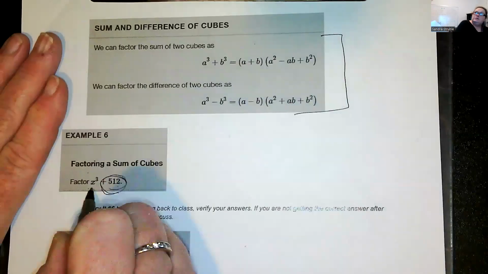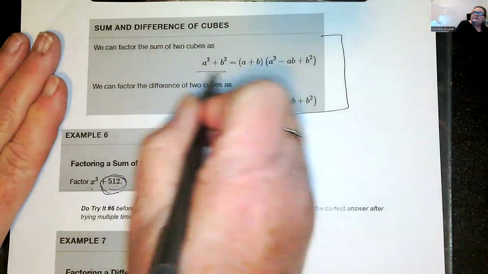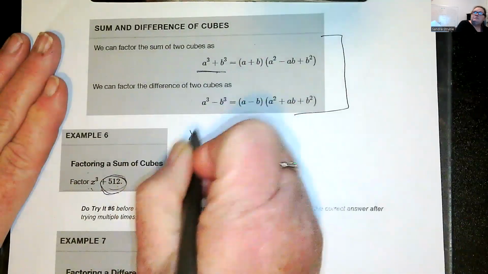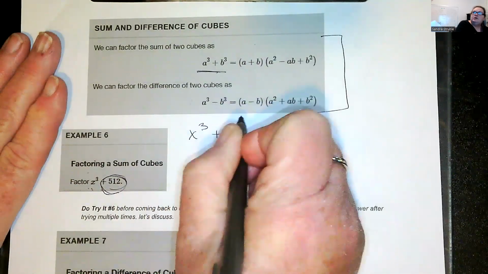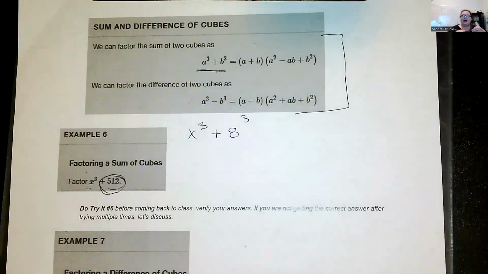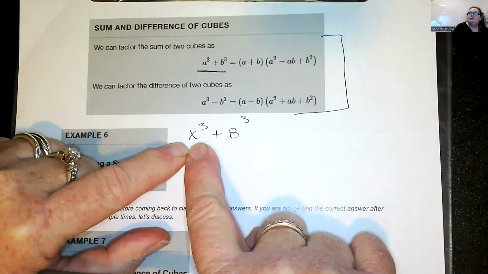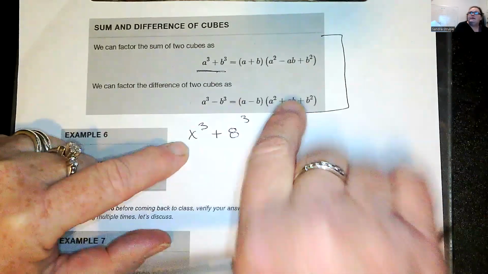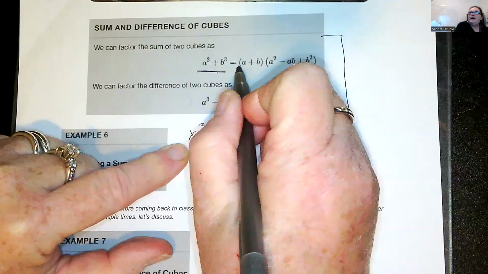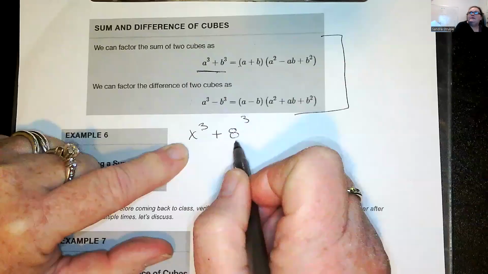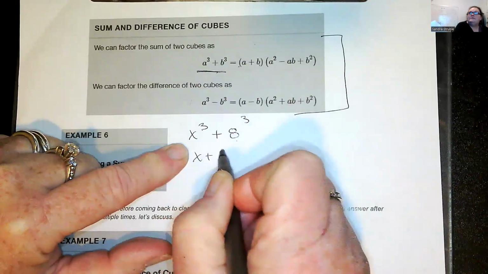So what this looks like, to make it look like this here, is x cubed plus 8 cubed. Rewrite it like that, and it will make it easier for you to fill in the rest of this, because all you have to do is just copy it just like it is. So A is x, B is 8, so that's x plus 8.